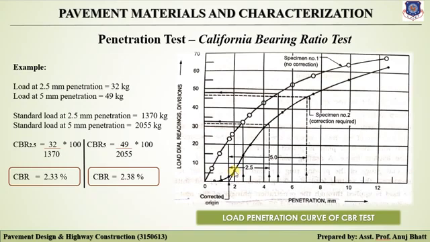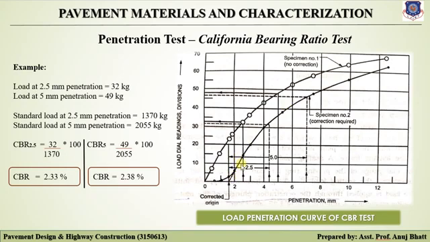At this tangent point we have drawn a line that intersects the penetration axis. This point is known as the corrected origin for that particular specimen.